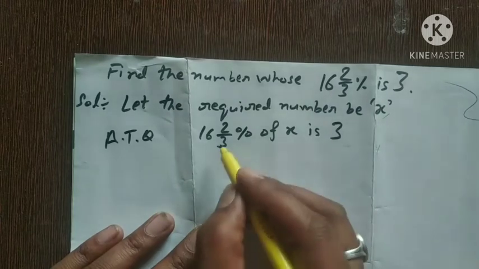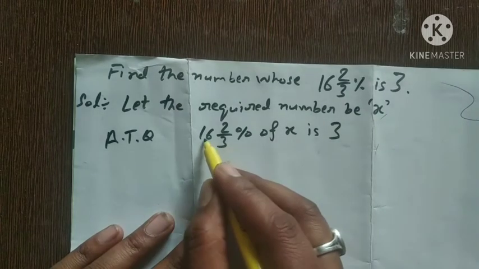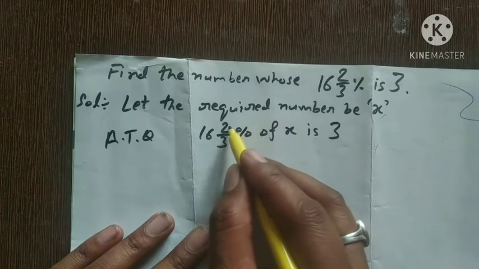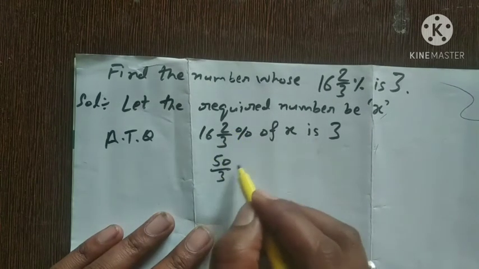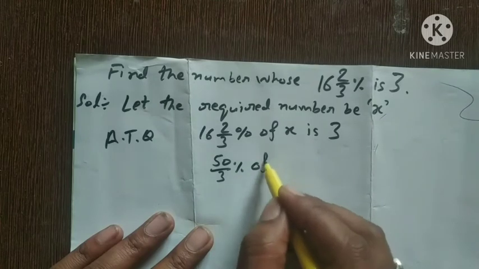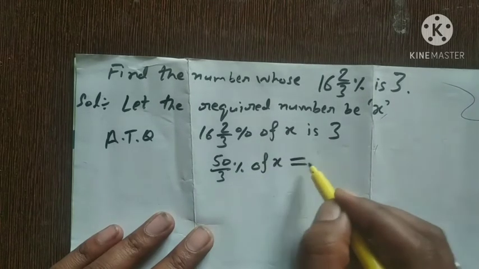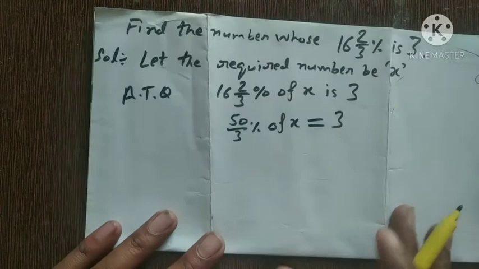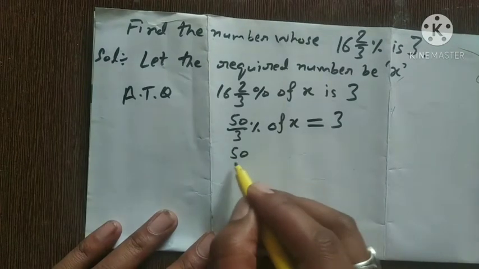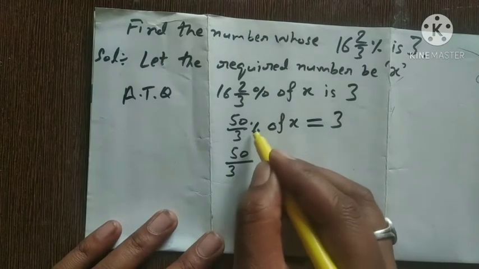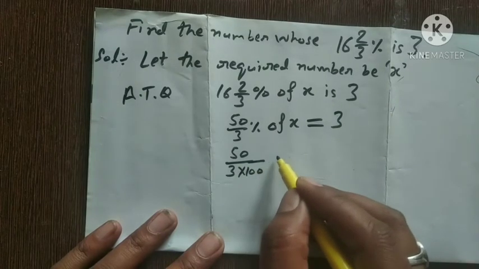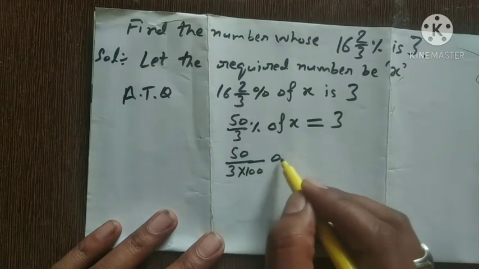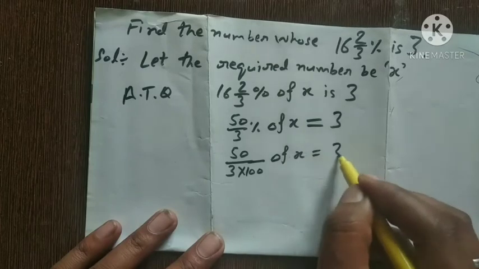So you see 3 into 16 is 48, 48 plus 2 is 50. Okay. So 50 over 3% of x is equal to 3, right? Now 50 over 3, and the meaning of percentage is 100 in the denominator to be multiplied, of x is equal to 3.